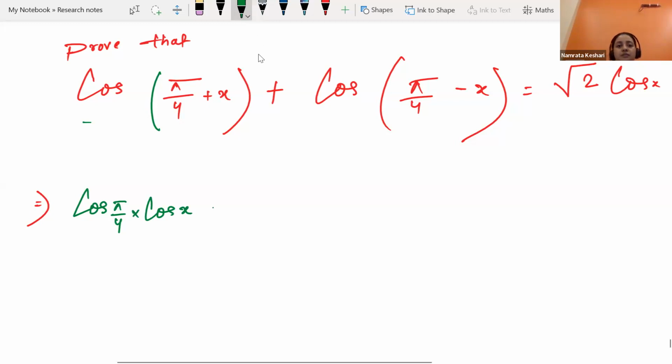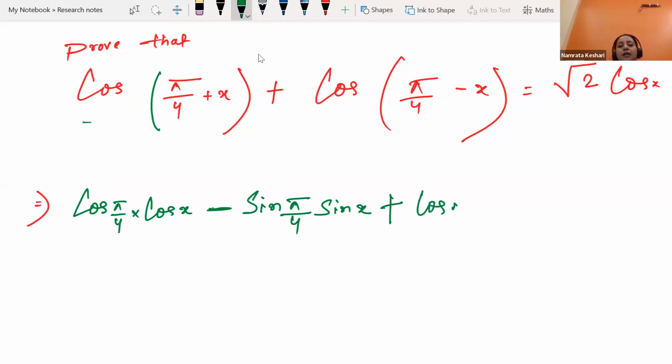Minus, ma'am. Yes, it is minus in the formula. Then sine pi by 4 sin x. Similarly, for the other one also, we will be able to expand. So cos pi by 4 cos x. Here negative sign is there, so plus will be there. Plus sine pi by 4 sin x. Do the calculation and let me know the result.